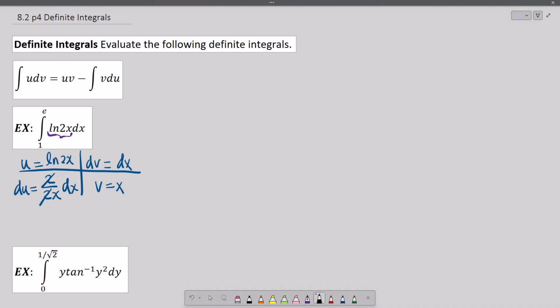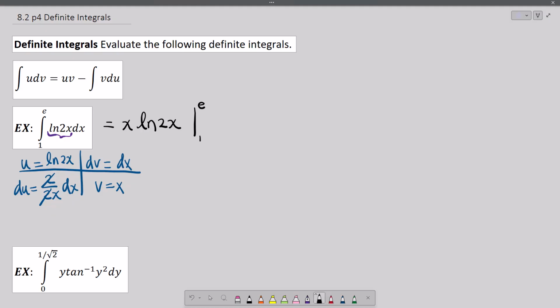So the one piece that's going to be a little different here that we haven't done yet is the definite integral part. And that definite integral part, we have a couple of ways to handle it. So we certainly are going to start out with our regular uv minus integral of v du, so our regular ultraviolet UV. So there's uv, and here's the one change. This needs to be evaluated on the interval 1 to e.